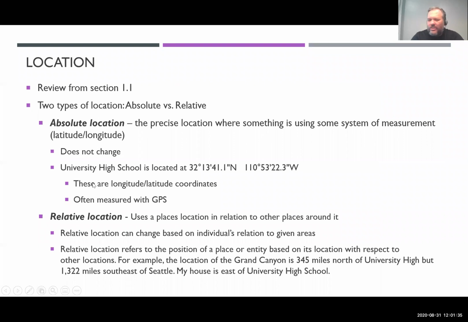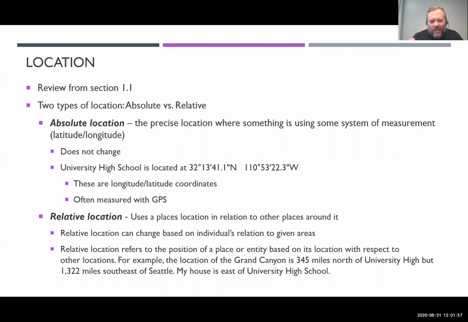Let's just review real quick, because we already did absolute and relative location, but let's do it one more time. When we talk about location, there are these two different types. Absolute location is physically where you are on Earth. We would use GPS to figure out somebody's absolute location.